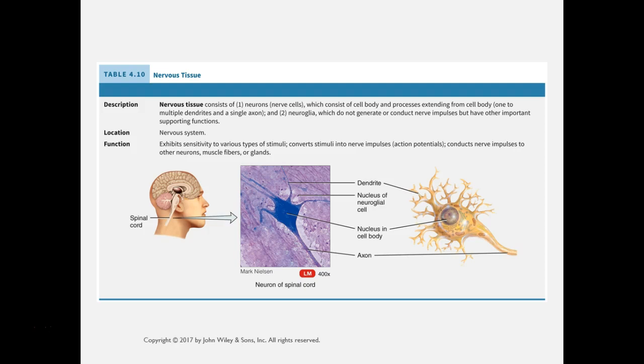The function, of course, is to respond to a stimulus and convert that stimulus into an action. So it conducts nerve impulses from the body and from areas within the body to the brain and the spinal cord, where they're processed, and then can cause an action to occur in other nerve cells or muscle cells or glands or other areas throughout the body.